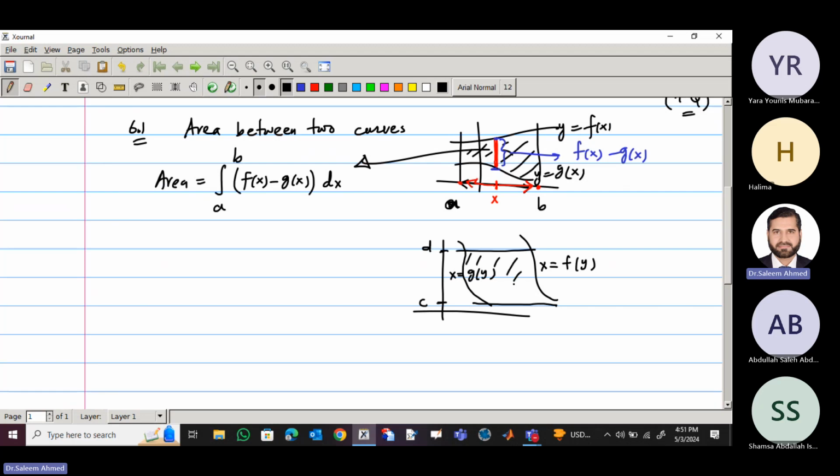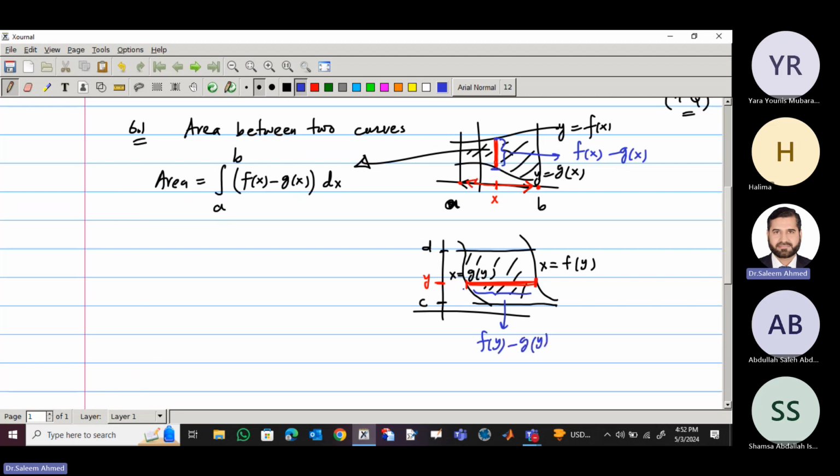So see, now x is given in terms of y, and y goes from c to d. So I will take any value here in the interval and draw a line. See, when I took x here, I draw the vertical line. When I took y here, I draw the horizontal line. Now the length of this horizontal line is fy minus gy.